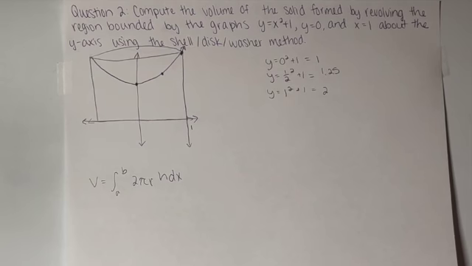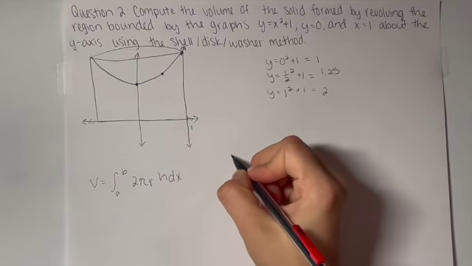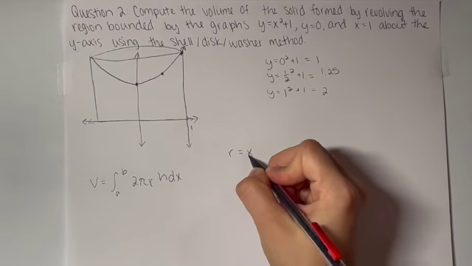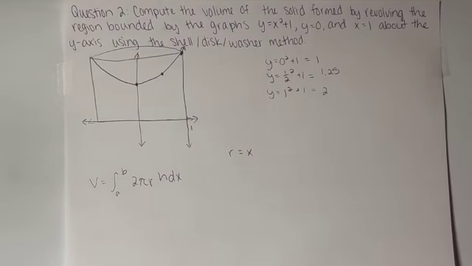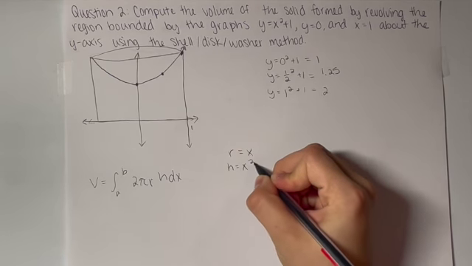Now we know that the radius changes with the changes of x, so r is going to be equal to x. The height is the difference between the x-axis and our function, which is going to be the function itself, x squared plus 1.